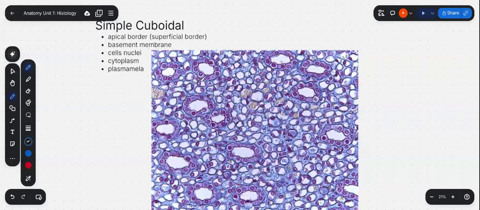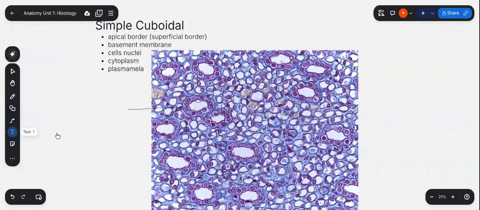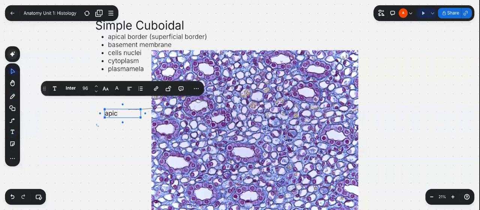I think of it as this border that is inside of all of these rings of cuboidal tissue. So over here in black, this inside border, and it is closest to the lumen. The lumen is just this white space inside of each ring of cuboidal tissue. So this is your apical border.